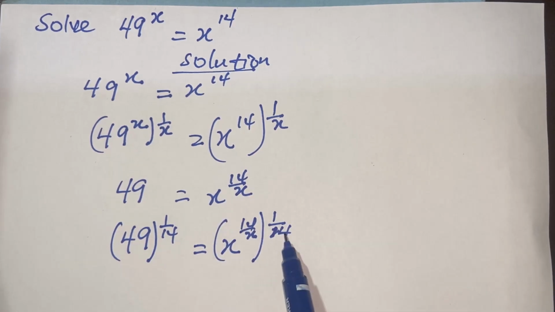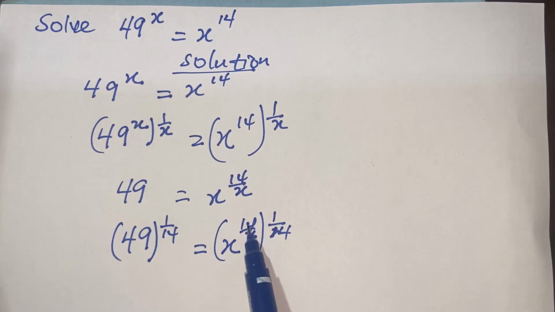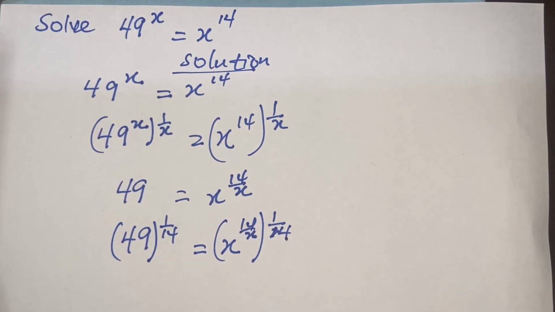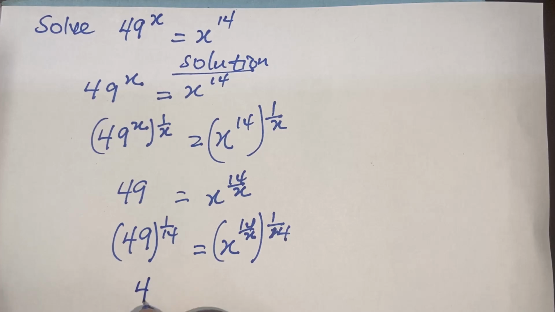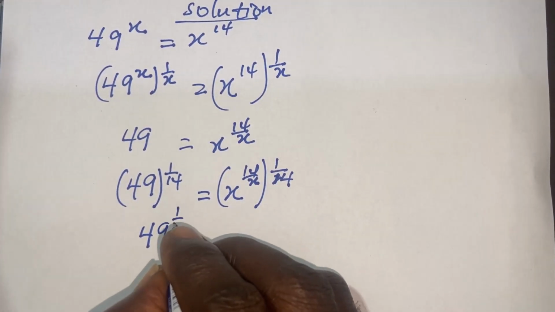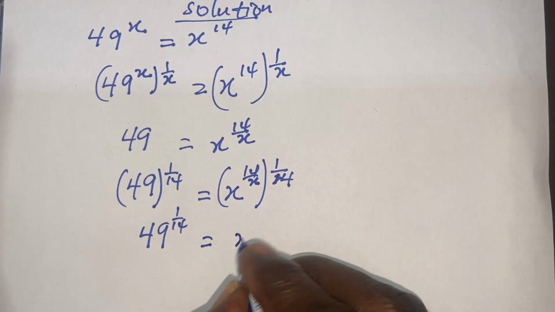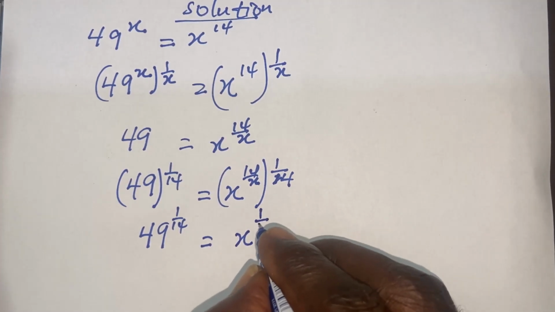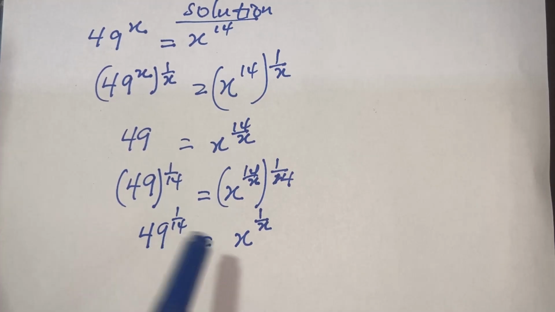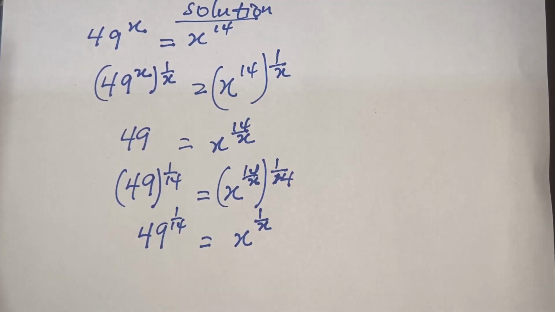Now we are doing this so that you can get rid of the 14 here. So now 14 can take care of the 14 over here, which is now giving us 49 to the power 1 on 14 equals x raised to the power 1 over x. So as you can see, there's no variable at the left hand side, there's no number at the right hand side.